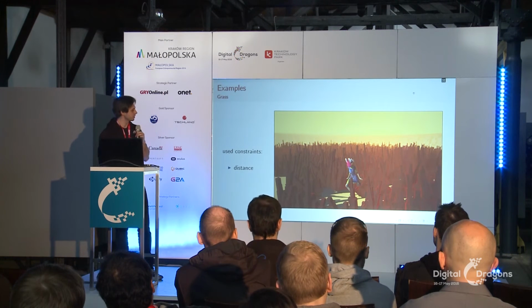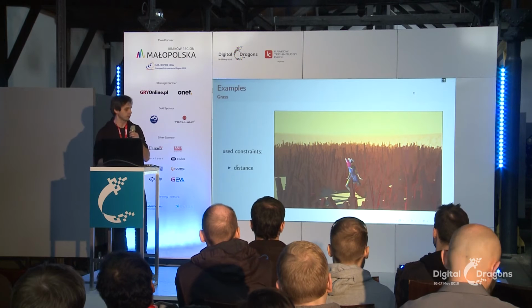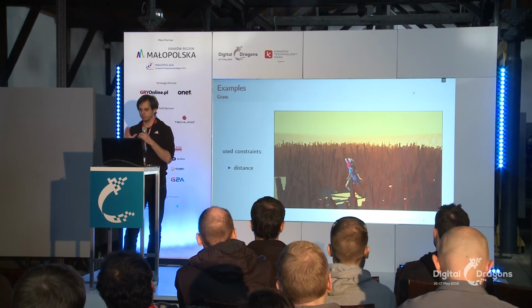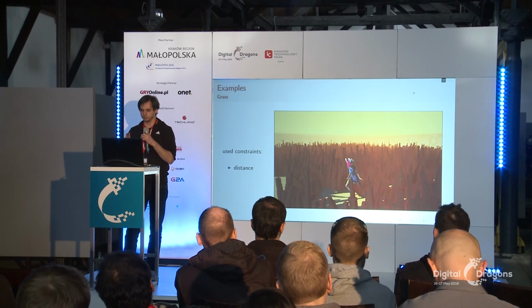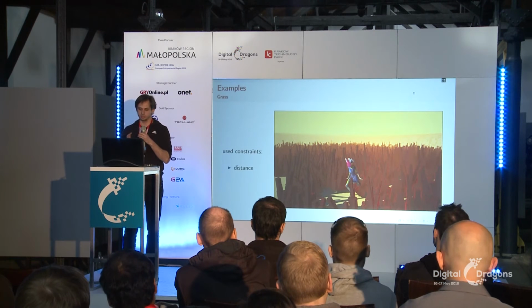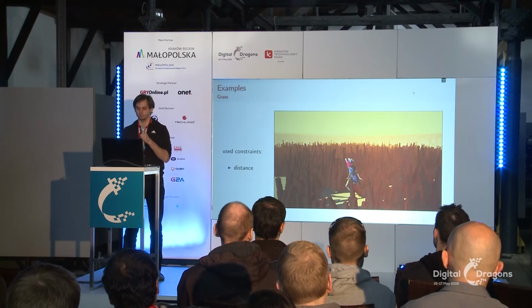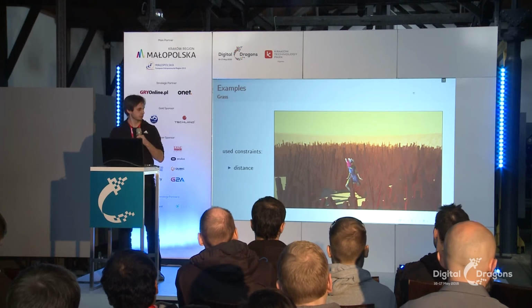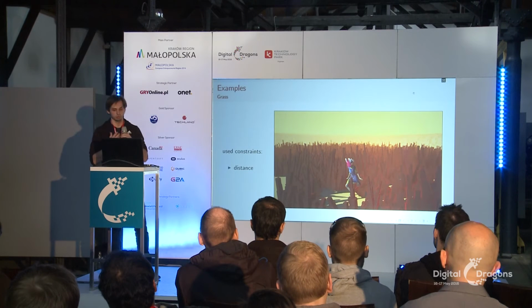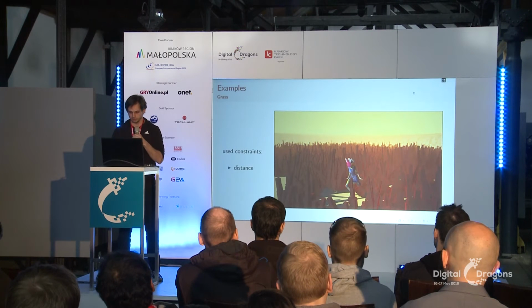Gravity in this case is individual for each blade, and when you apply quite strong gravity, have particles connected with distance constraints and add some noise to the particles, we made grass with that technique.